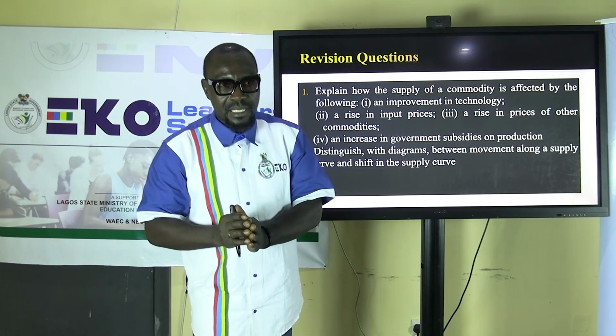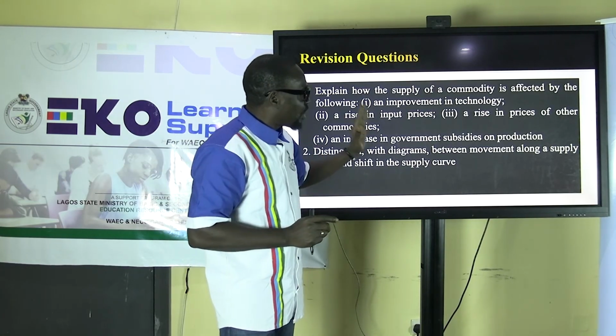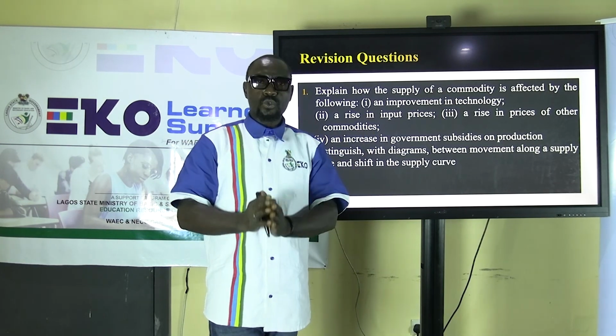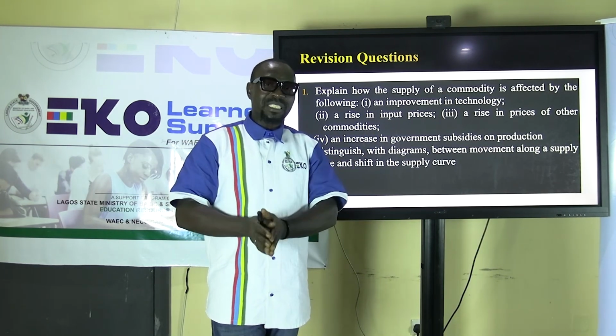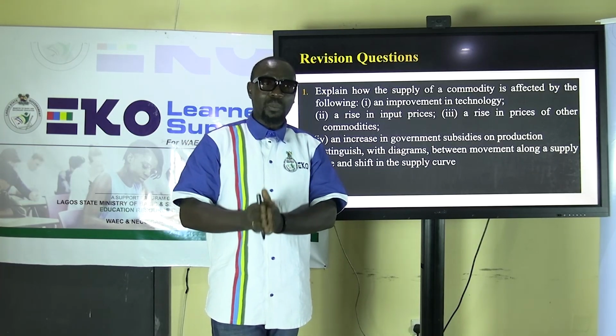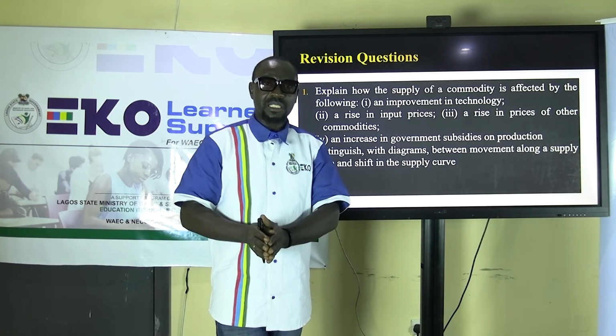Either way, where there is an increase in government subsidy on production, it would positively impact quantity supplied. It will make the quantity supplied of that product or commodity increase.